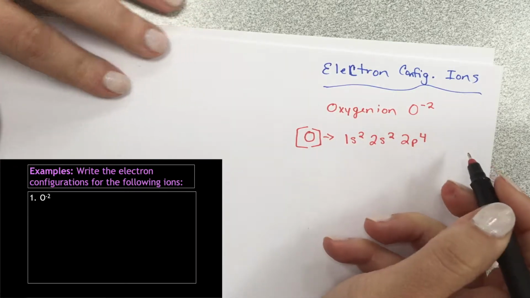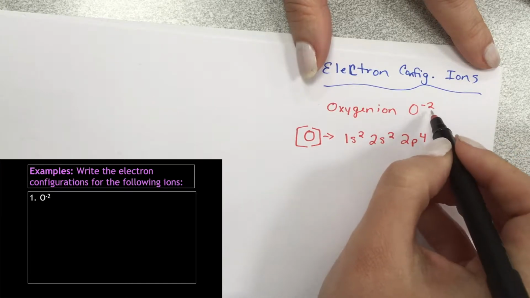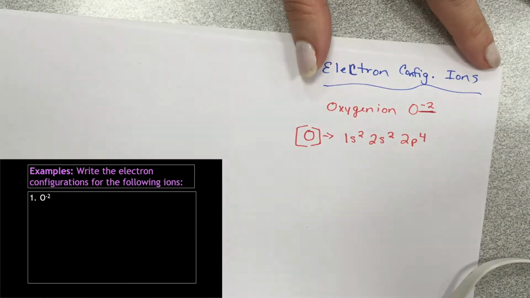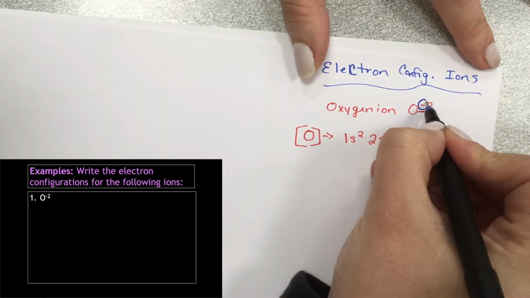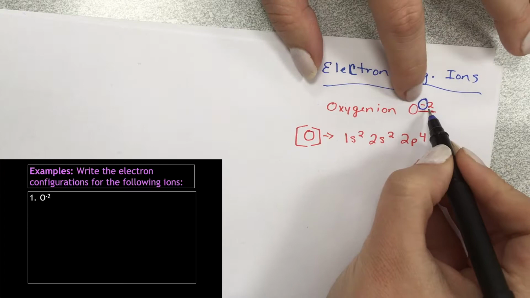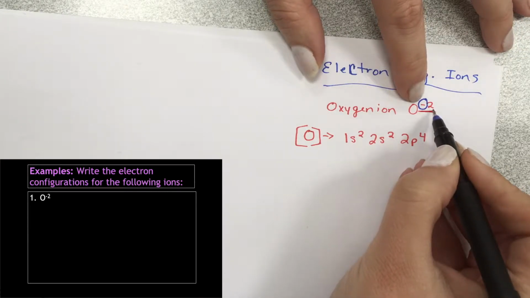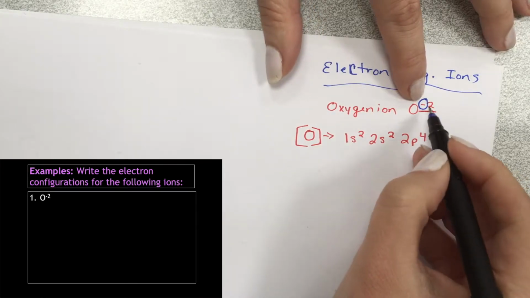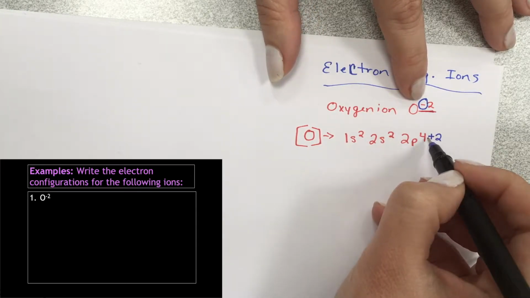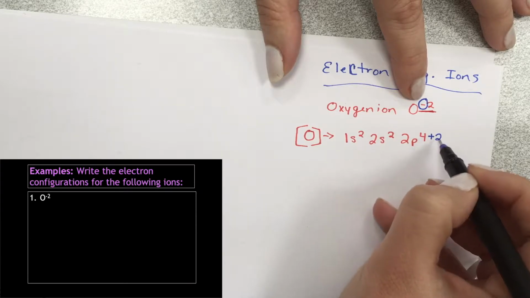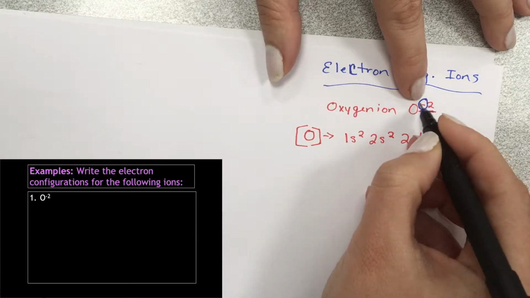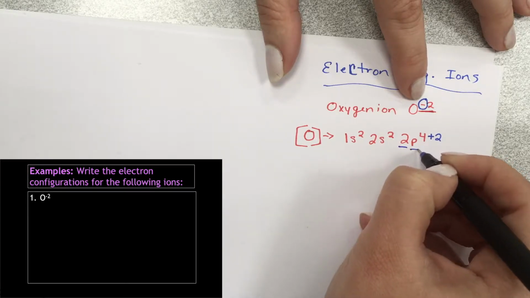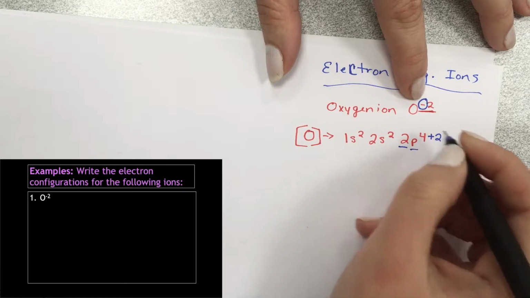However, it has a charge. So keep in mind, guys, whatever this sign says, you want to do opposite, because remember you have an extra 2 electrons. So you're going to add 2 electrons here, okay? This really gets the kids because they think that you're supposed to subtract 2 and then you have 2p2, but you're actually going to add to that last, the highest energy level, which is 2p, okay?